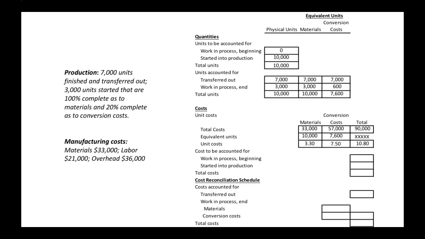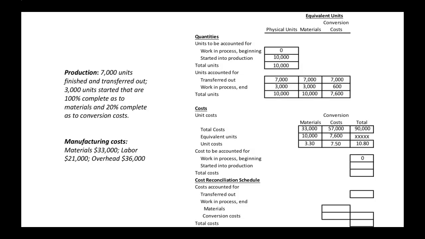We need to know what was the cost to be accounted for in our beginning work in process. Well, if you recall, your beginning work in process was 0. So we'll put another 0 in here for our beginning work in process.